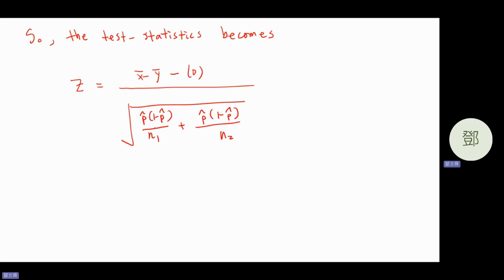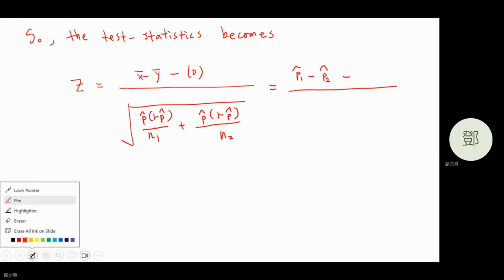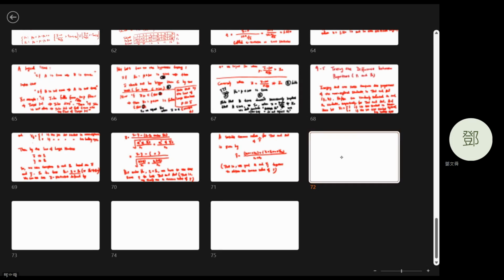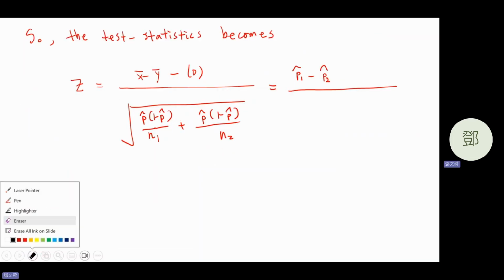Oh no, no subscript here, sorry. Then it is equal to P1 hat minus P2 hat. No 0 here, it's the same to write the formula without minus 0.